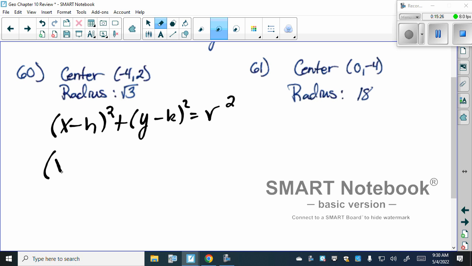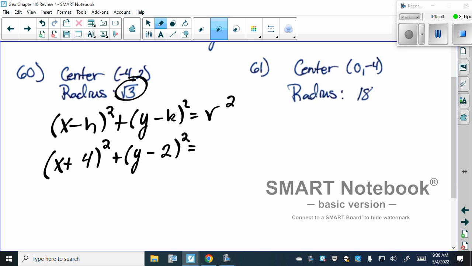So if I plug h in, h is what? Negative 4. But that negative is going to make it positive. Plus y minus k squared, and k is 0, equal to the radius squared.